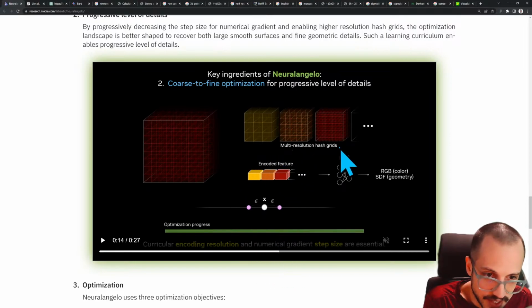That feature gets fed into the MLP, this multi-layer perceptron, which is going to give you two things. It's going to give you the color. I think there's actually two: there's an MLP for the color, and then there's an MLP for the signed distance function. The MLP for the color will tell you at any given point in space what the color of that point is. The MLP for the SDF will tell you at any given point in space how far away you are from the surface of the object.